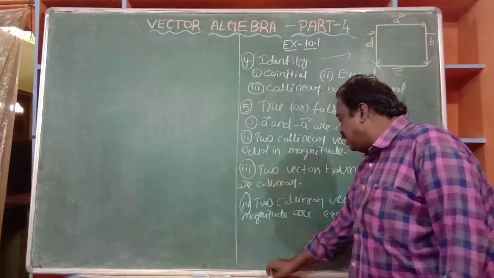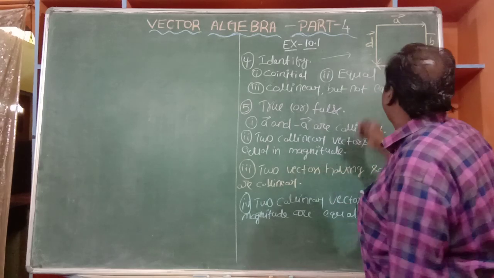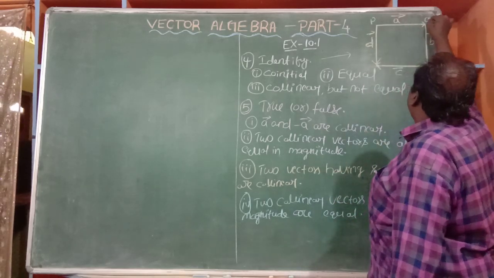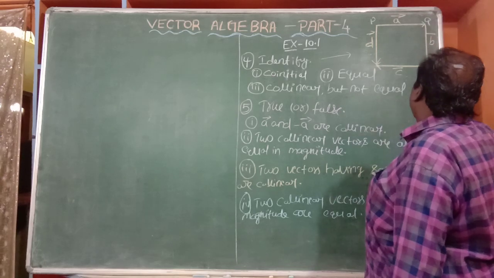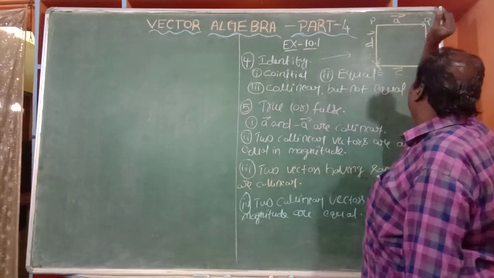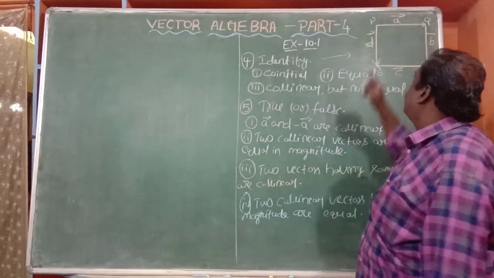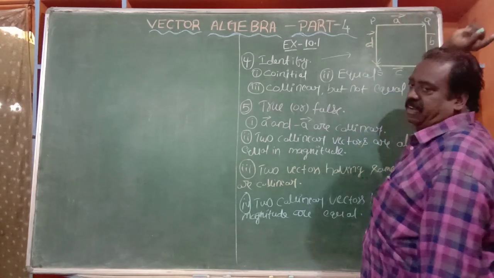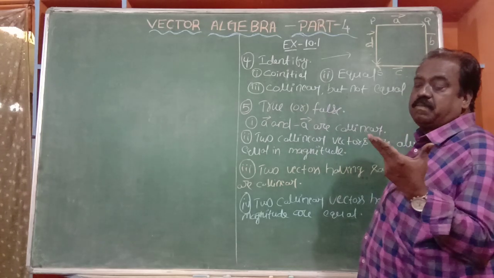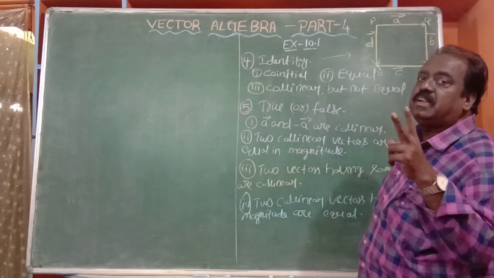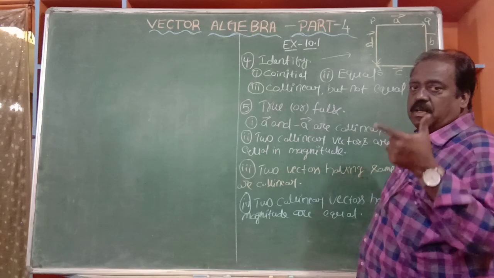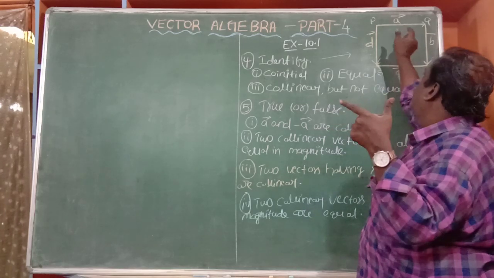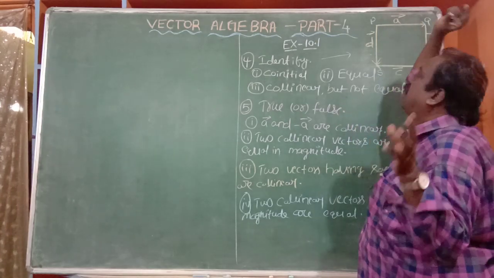By using this diagram, coinitial vectors. If you mention the vertices, suppose it is P, Q, R, and S, just like you assume. PQ bar is A bar. A vector can be denoted in two ways: initial point, terminal point, PQ bar, or with a single letter, A bar.